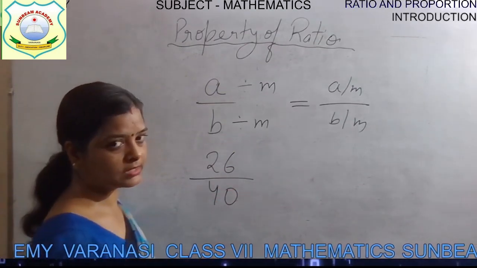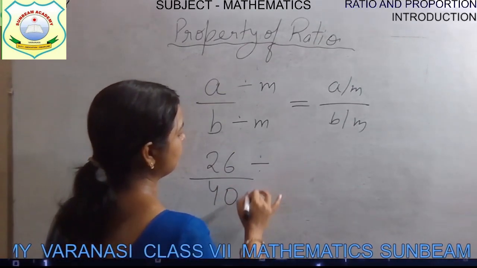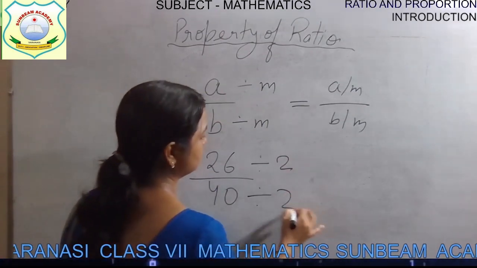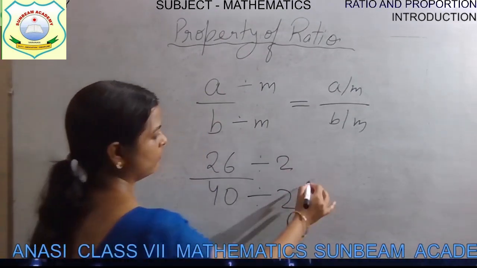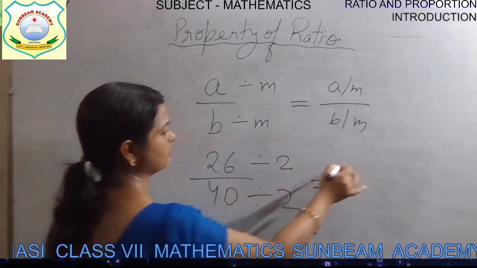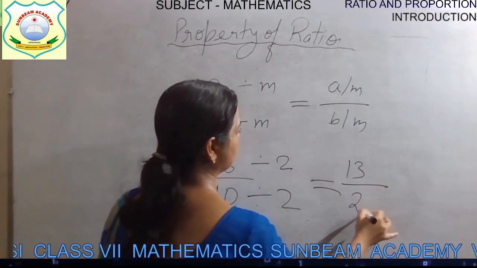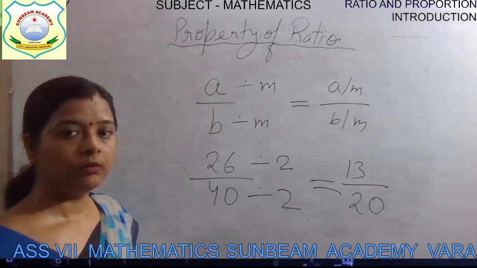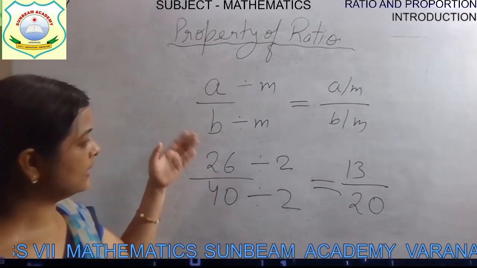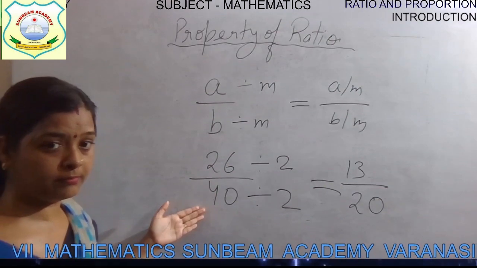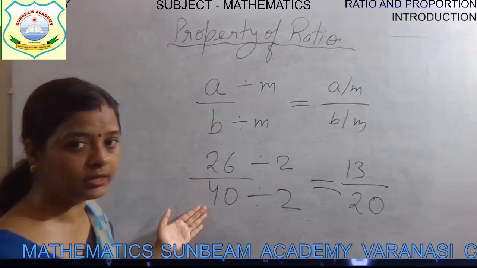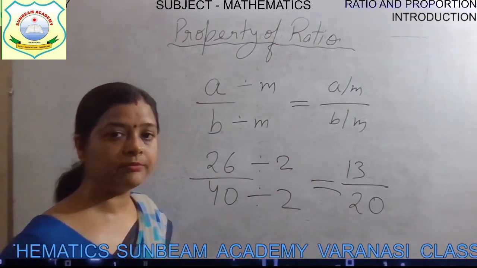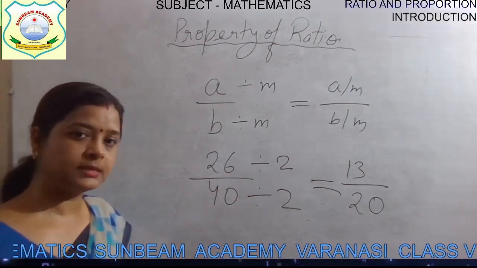This is the ratio. Now I am dividing it by the same number, 2. What will my answer be? My answer is 13 by 20. It shows that the ratio 26 by 40 is also equal to 13 by 20 when converted into simplest form.